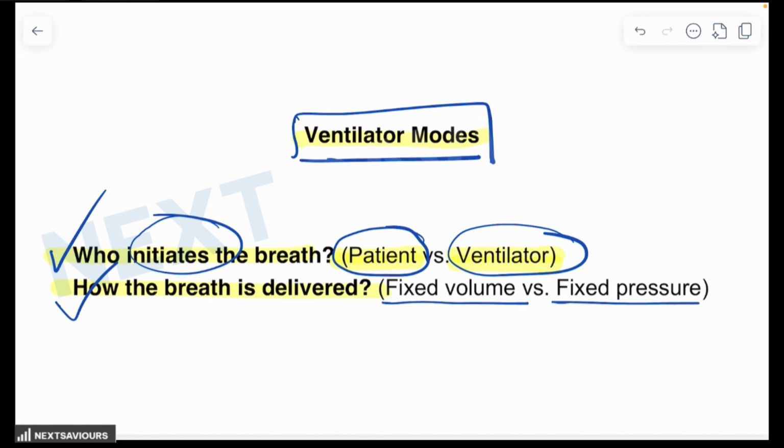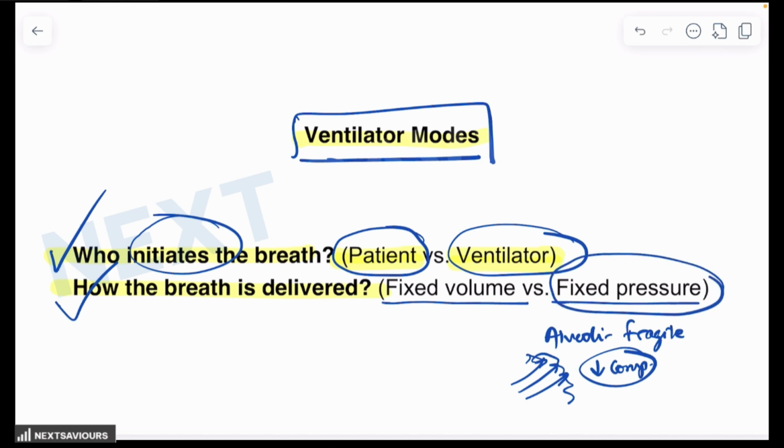Now imagine a condition where the alveoli are too fragile, that means there is a possibility of decreased compliance of the lung. In those cases, what will happen? If the pressure goes too high, it might result in rupture of the alveoli. In order to prevent this, fixed pressure modes are given.